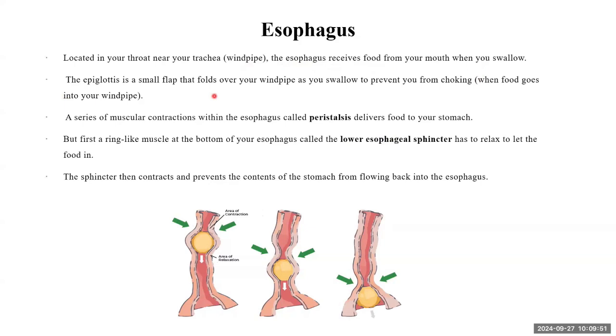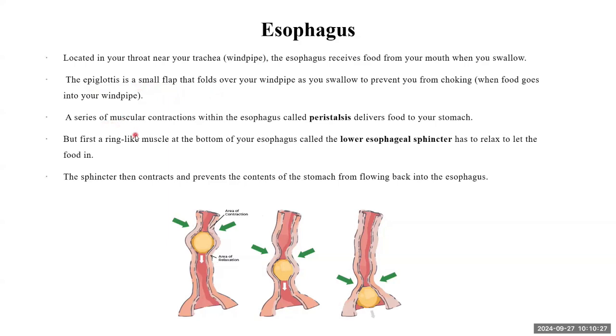Whenever we eat or drink anything, there is a small flap, the epiglottis, that shuts down the airway. It helps to avoid food going directly into our windpipe, which could eventually lead to different complications. So the small flap epiglottis prevents our food from going into our airways or our lungs.